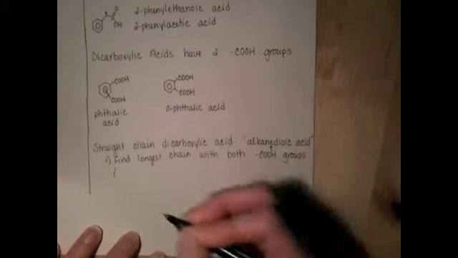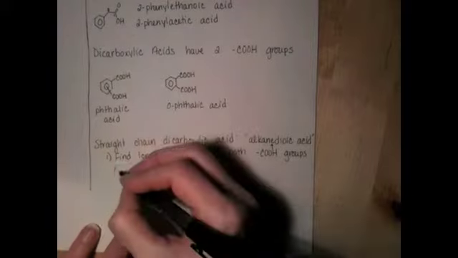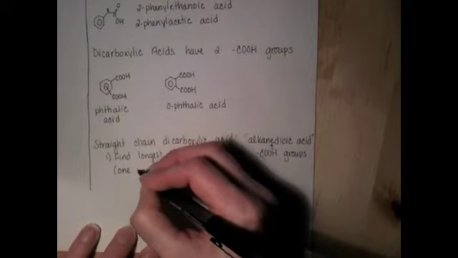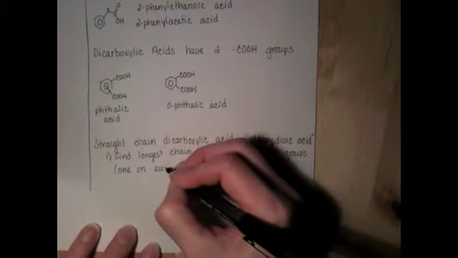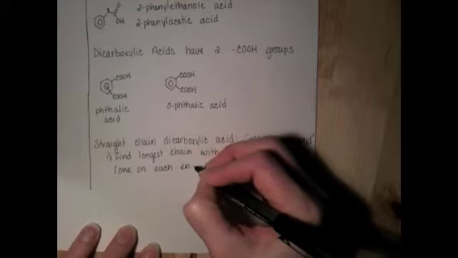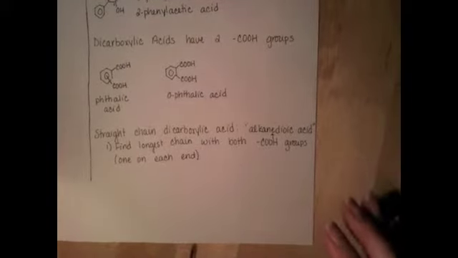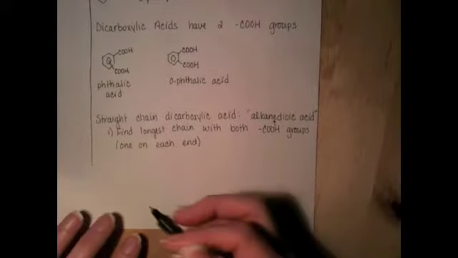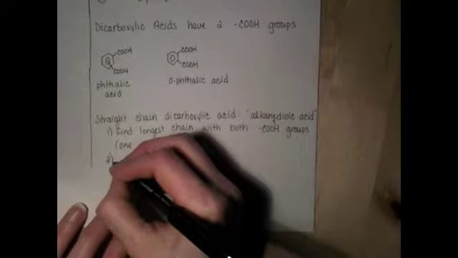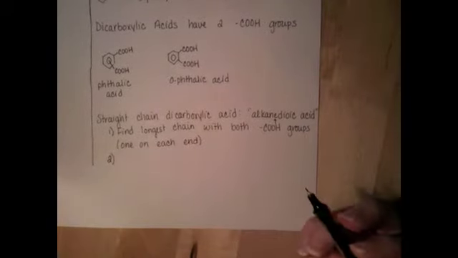So you're going to find the longest carbon chain with both carboxyl groups, one on each end. And you're going to number from one carboxyl group to the other to give the lowest set of numbers to the other substituents that happen to be on the molecule. And if there aren't any, then it doesn't matter how you number it.